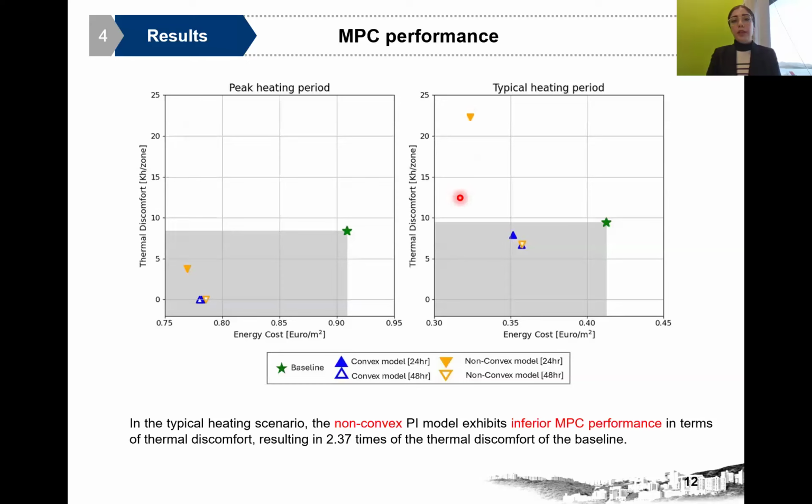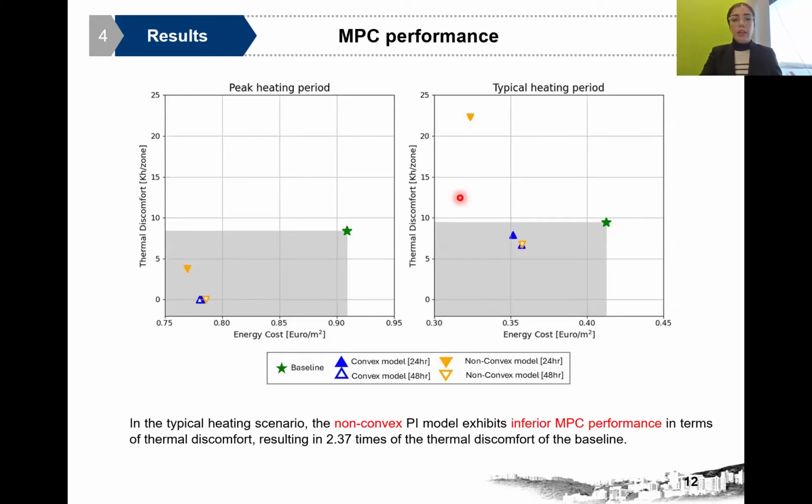And here I want to emphasize the effect of our obtained parameters on the MPC performance. The gray area here is the feasible area for MPC results, because at least the MPC controller should work better than the baseline in terms of both thermal discomfort and energy cost.